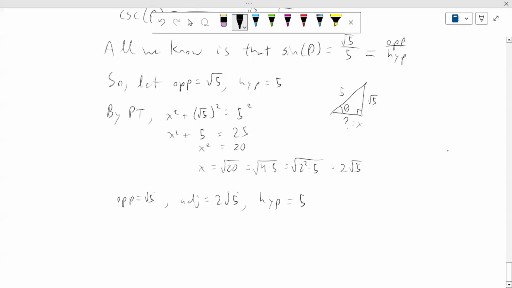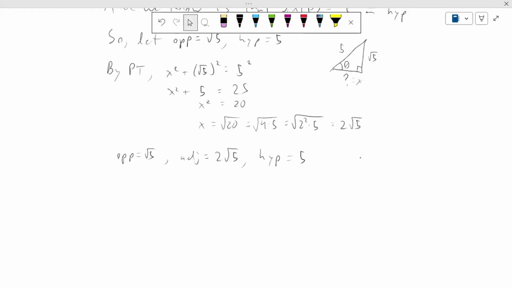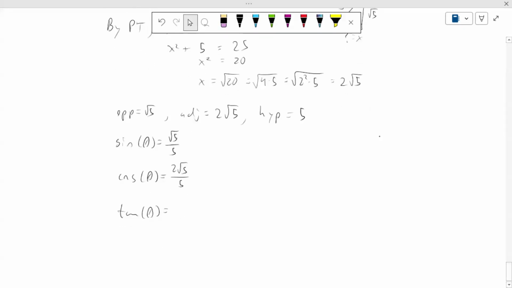So let's just write out all 6 of them. Sine of theta was given to us anyway, but I'll rewrite it as square root of 5 over 5. Cosine of theta is adjacent over hypotenuse, so that's 2 square root of 5 over 5. Tangent of theta is opposite over adjacent, so we get square root of 5 over 2 square root of 5.